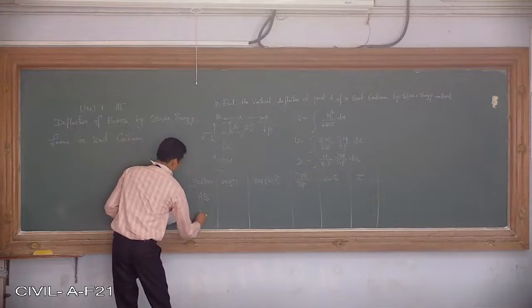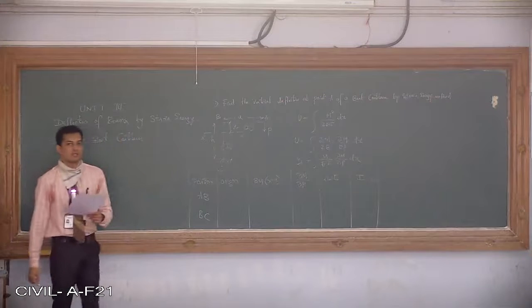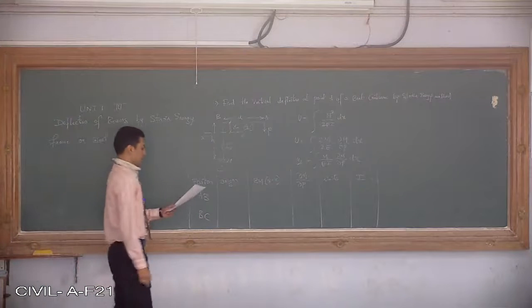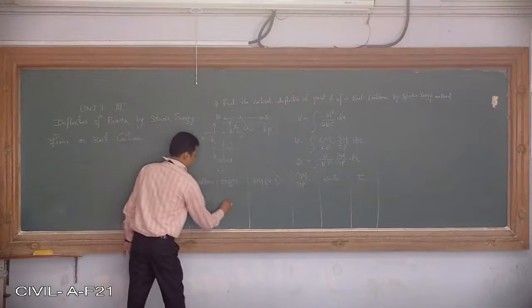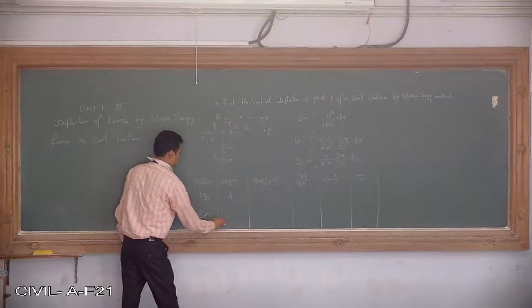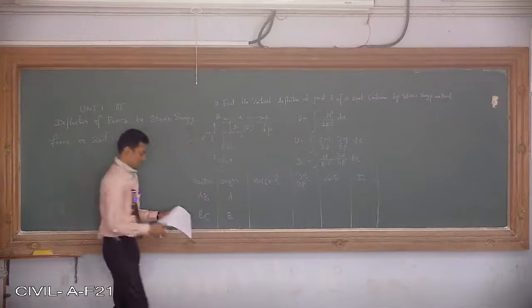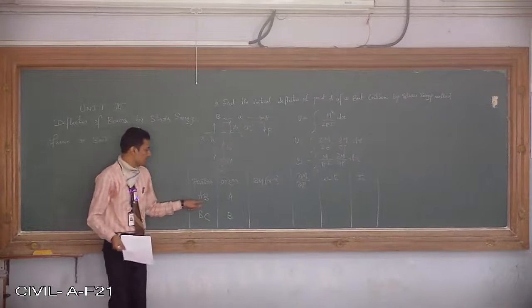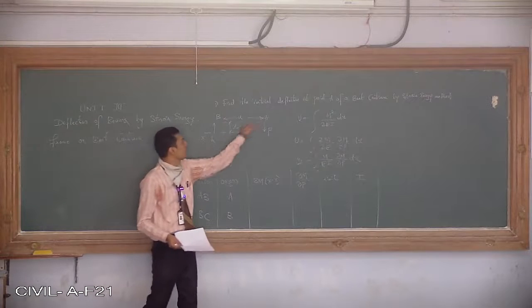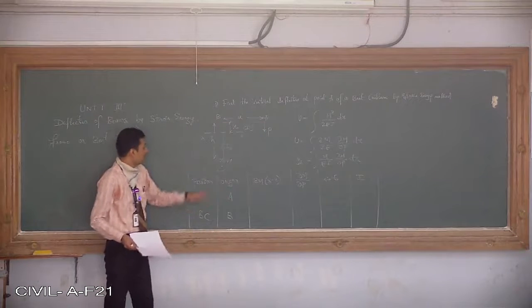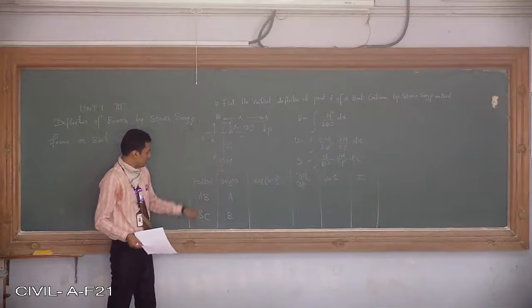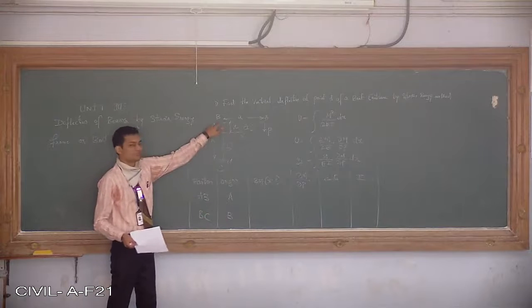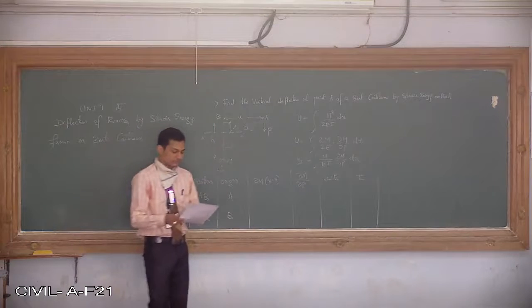For AB the origin is A, for BC the origin is B. The first alphabet stands as the origin. If you take AB, A will be the origin, and if you take BC as the portion, B will be the origin.